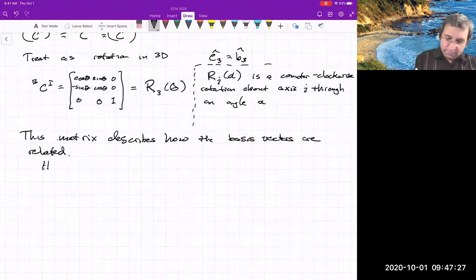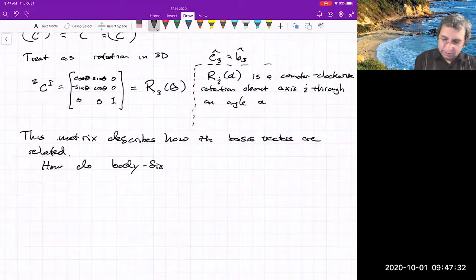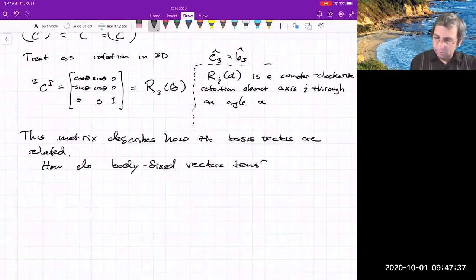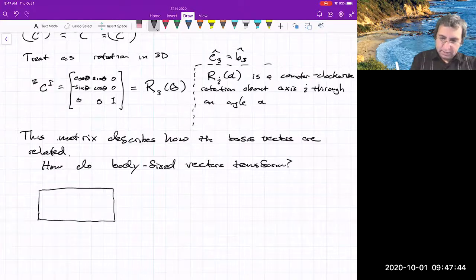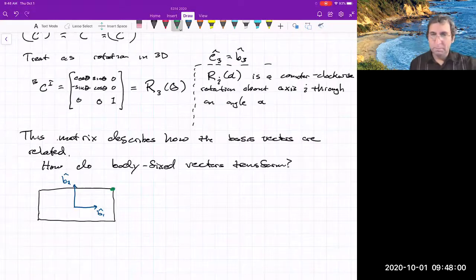So phrase it this way: how do body fixed vectors transform? If I've got here, I'm just sketching the body, and that body fixed frame. And suppose I want to track this point P, this corner of the body.